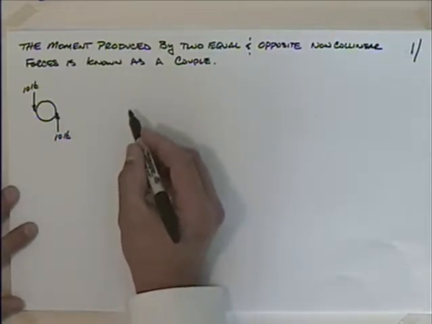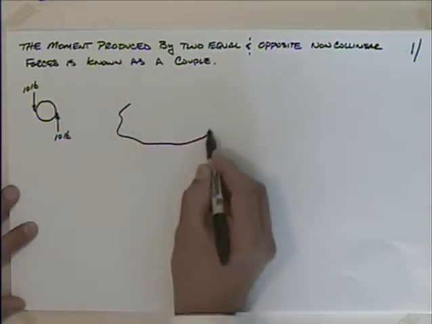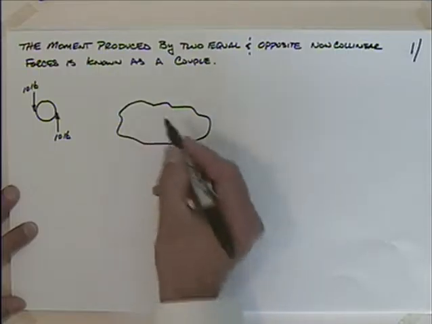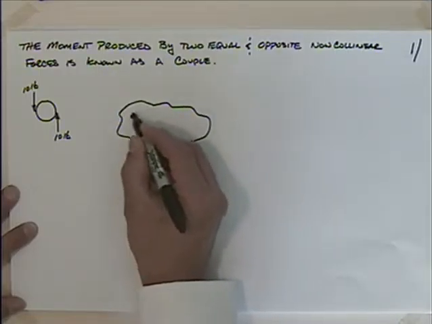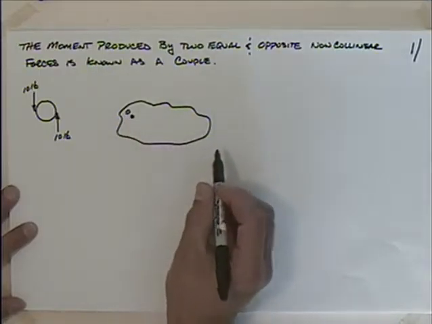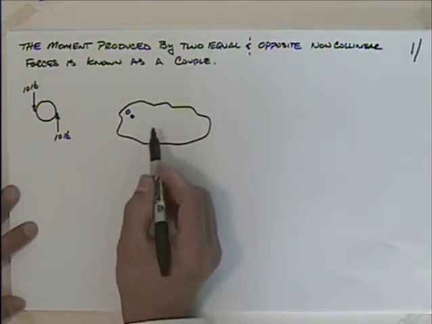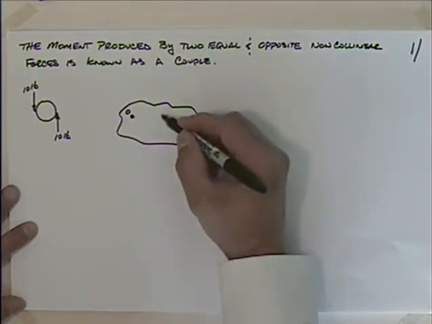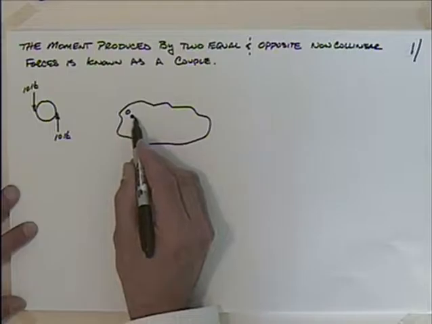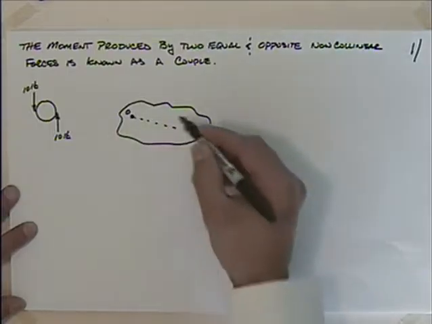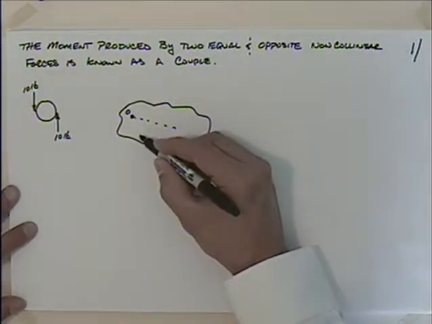Let me be a bit more general about this. Let's say that we had a body here and we had some point O, and it wouldn't necessarily need to be on the body. I've placed it on the body, but there's really no requirement that it's on the body. Let's say that we look at a couple of forces here.